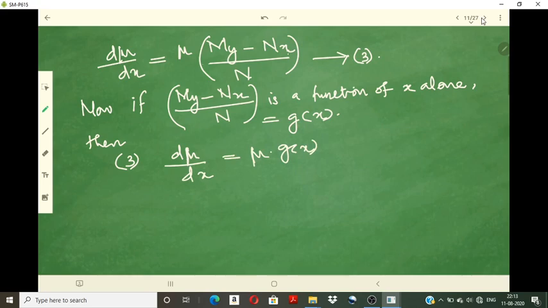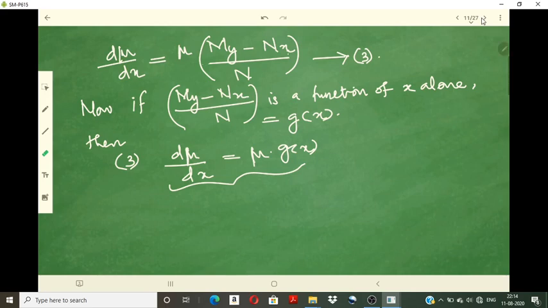So we can take μ here, and now this is a first order differential equation, and you know how to solve this first order equation. This is a separable equation, and it is also in linear form, so we can take any method. Always it has a solution.